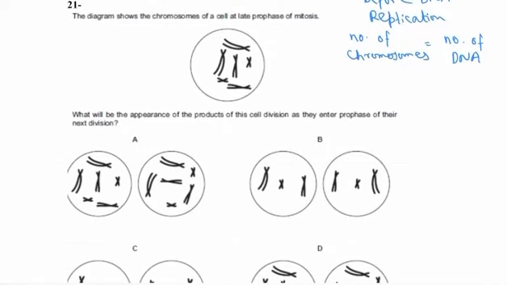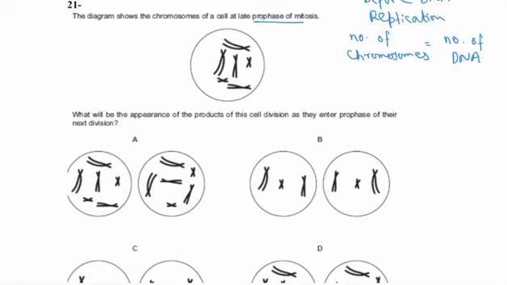Let's move towards the question MCQ number 21. The diagram shows the chromosomes of a cell at late prophase of mitosis. What will be the appearance of the products of this cell division as they enter prophase of the next division? Because this is mitosis, the chromosome number will be maintained and the picture of the prophase in the next division would be the same.